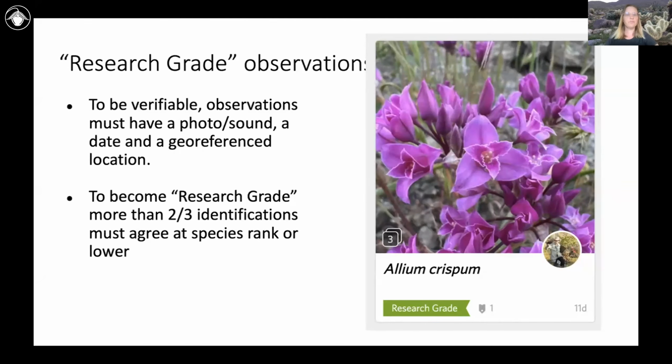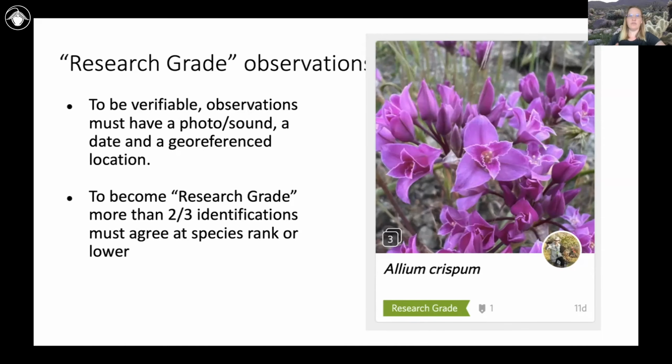you'll see this designation of a research grade observation. So basically what that means is, to be verifiable, the observation will have a photo or sound, a date, and a georeferenced location. And then to become research grade, once it has those things, more than 2/3 of identifications have to agree.